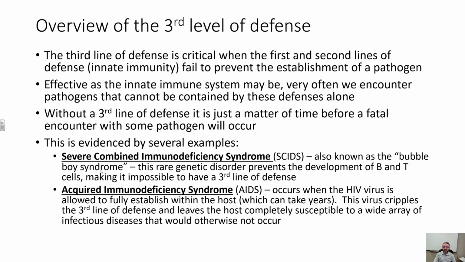In this case, it happens to be a particular kind of T cell, but without that particular cell functioning, the whole third line begins to crumble, and you end up dying from any of a wide variety of infectious diseases that would otherwise not be a problem in the vast majority of cases. So it's another example of what can happen when the third line fails. AIDS is essentially a specific condition where the third line fails due to a viral infection.